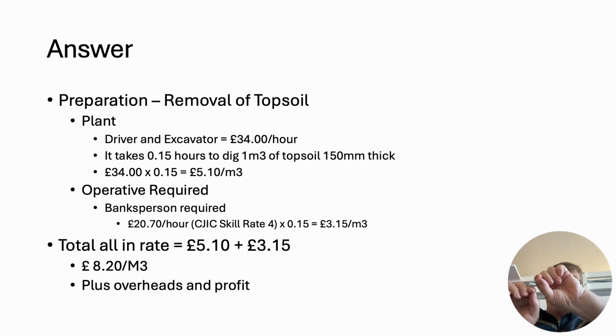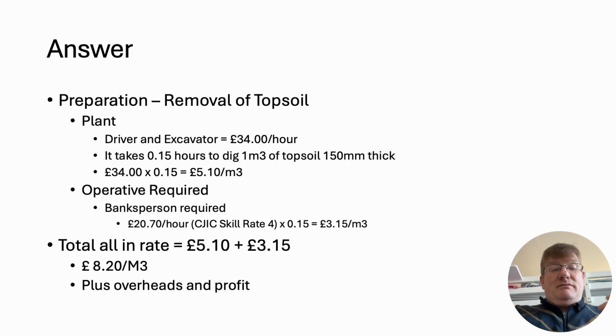What I've got to do is convert that £34 an hour into a meter cubed cost. I've looked at some past time and motion studies, and it takes about 0.15 of an hour to dig 1 meter cubed of topsoil to 150 mil thick. If it was 100 mil thick, it might take a little bit longer or a little bit less.